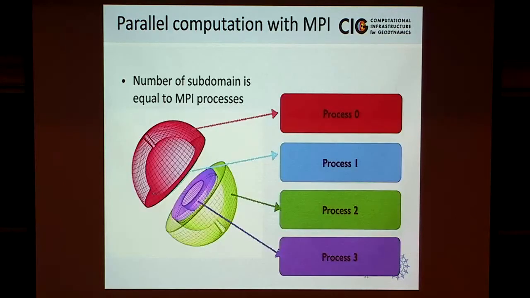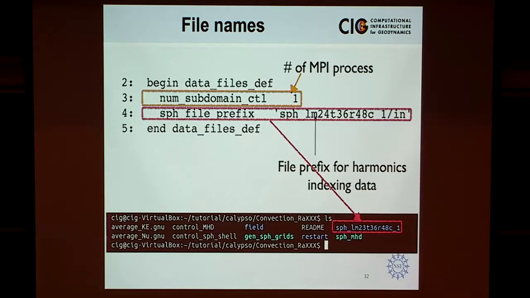The first block is the file names. We need to define the parallelization in this file, but the first block is very simple. One is how many processes are used in this run. Now we set only one process. Why did I set the wrong name?